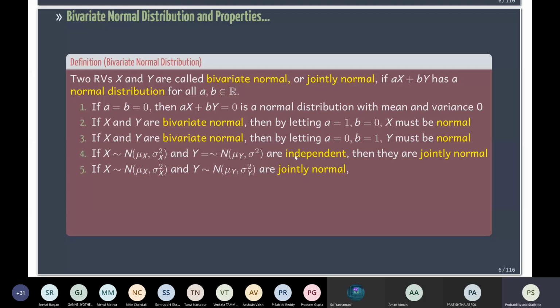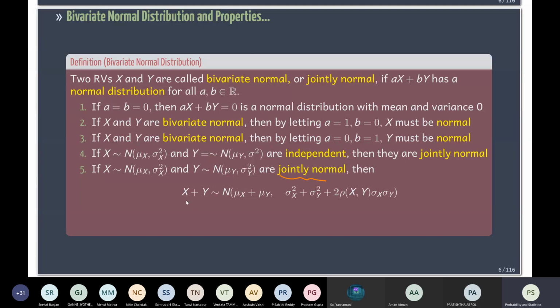In other words, if I take a linear combination ax plus by, then it will be a normal distribution as well. Okay, so if it indeed is the case that they are jointly normal, then how do they look like?